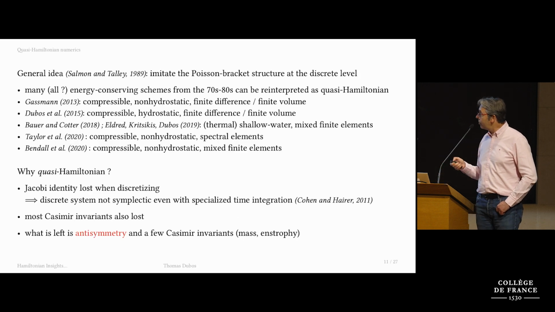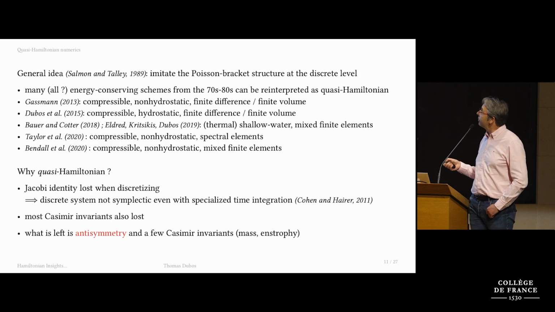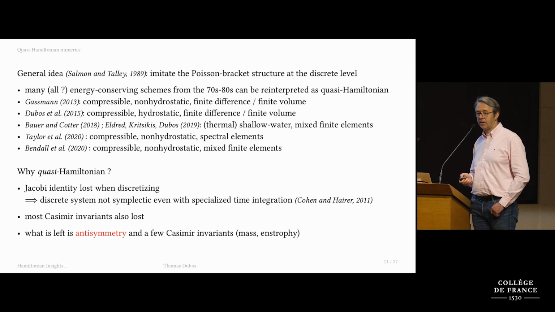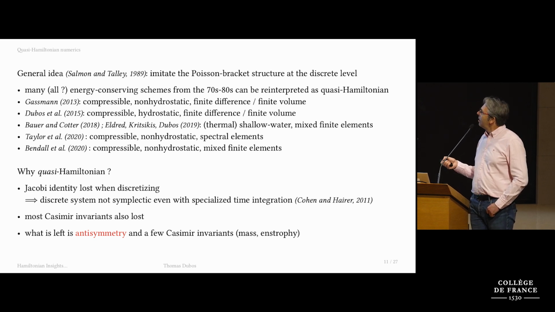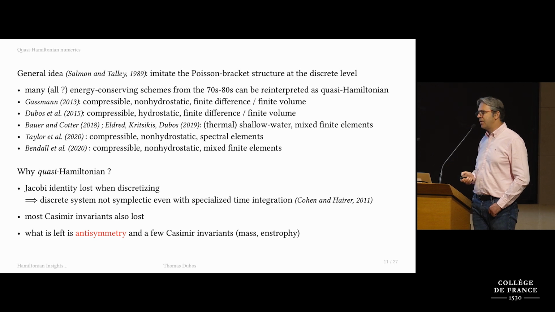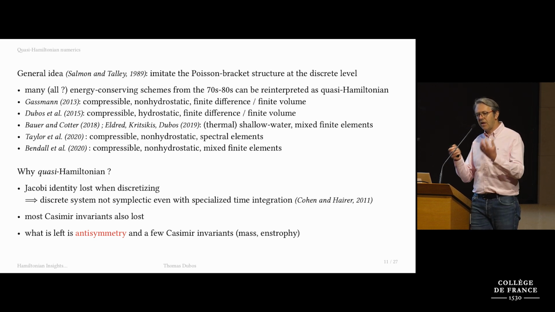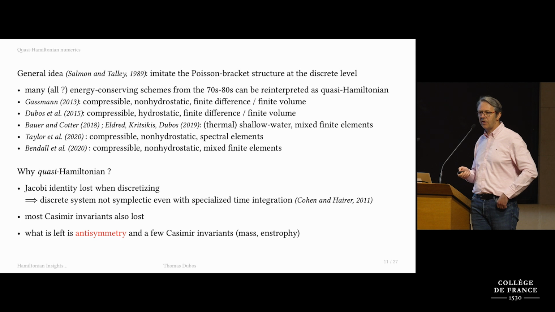So what's the general idea? The general idea is not so recent. It is to imitate that Poisson bracket structure at the discrete level, basically. In fact, many energy-conserving schemes were devised in the 70s and 80s, and in hindsight, you can show that they implicitly have this structure.